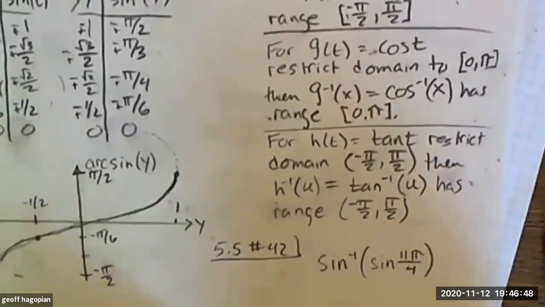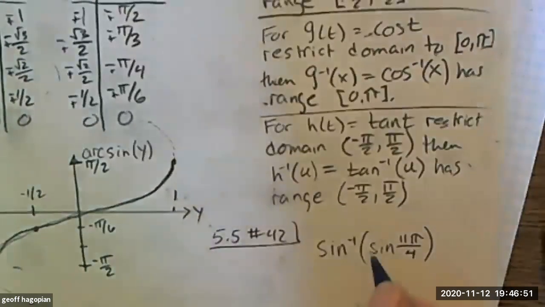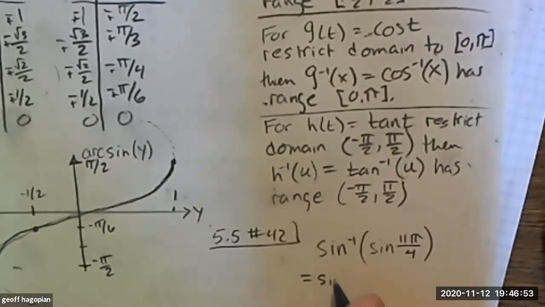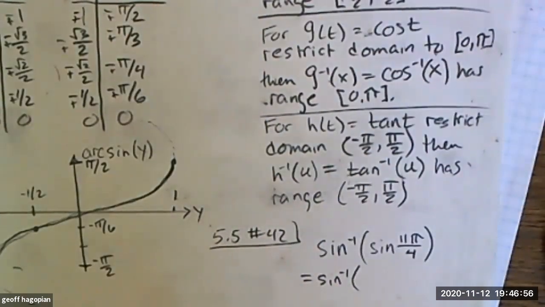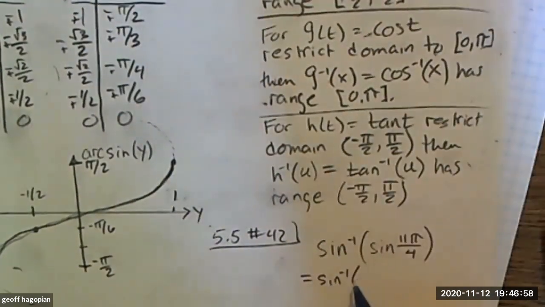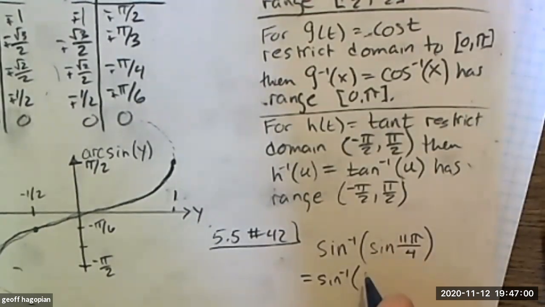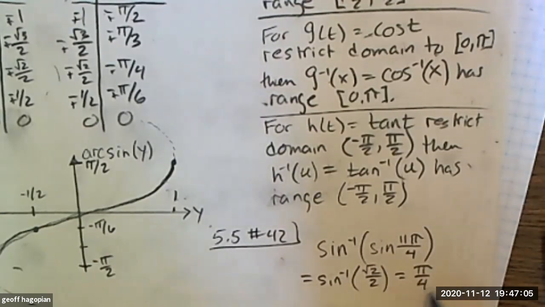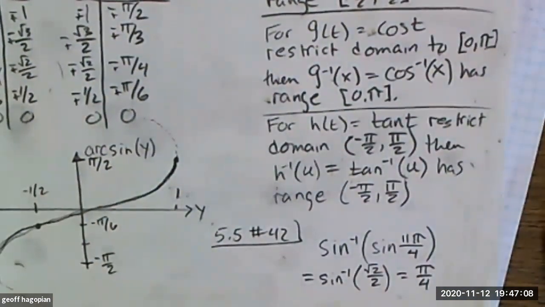So this is the arc between negative pi over 2 and pi over 2 that takes us to root 2 over 2, that's pi over 4. It's not a coterminal position with 11 pi over 4, but it has the same y coordinate, and that has to be less than pi over 2, which pi over 4 is. It's half of pi over 2. Okay.